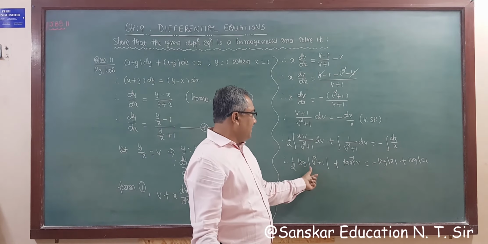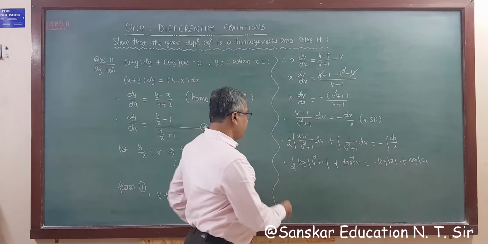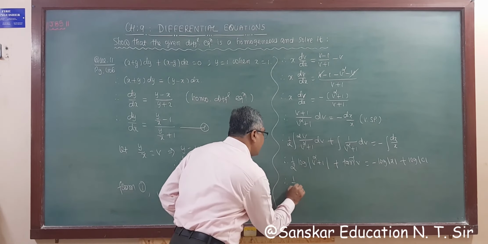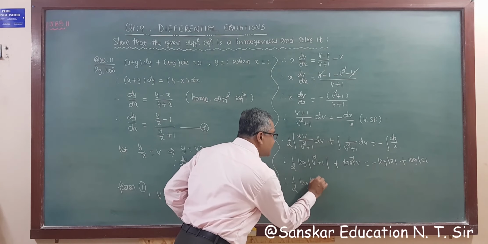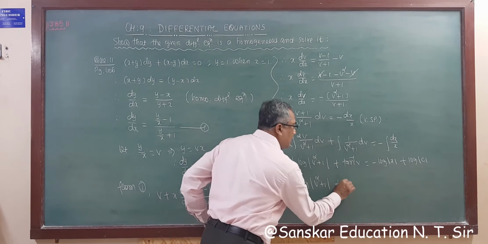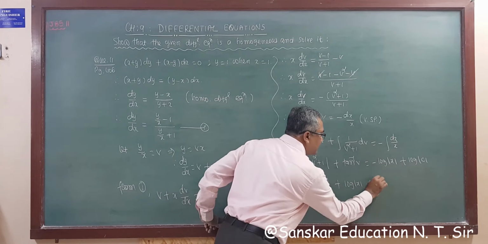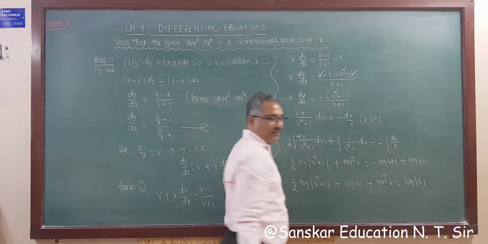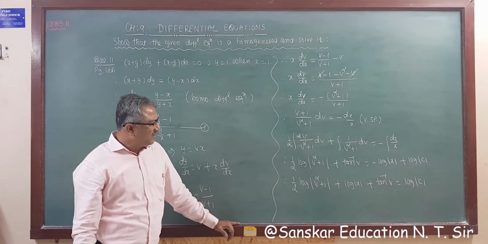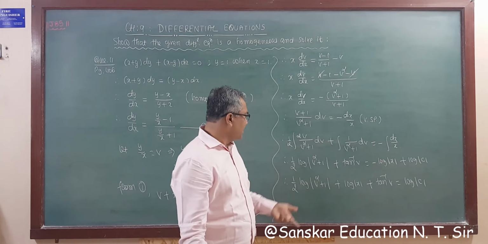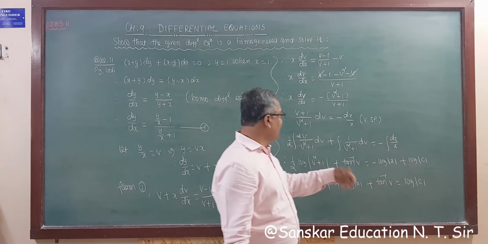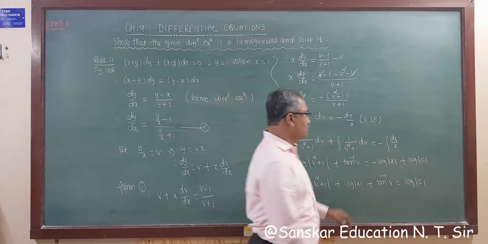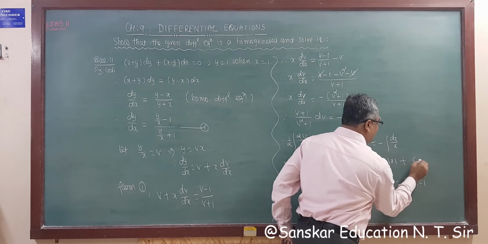So now taking this log to this side, we get 1 upon 2 log mod v square plus 1 plus log mod x plus tan inverse v is equal to log mod c. I think it is better to assume only C because this is tan inverse, and how can we change this tan inverse. Okay, so I'm taking log C for better calculation.